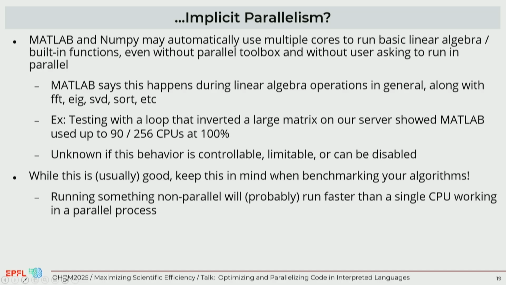Because when you parallelize, each worker reserves one CPU now instead of all the CPUs on your machine. So if you run one thing non-parallel, it'll probably run a lot slower in parallel on one CPU. And I've got a benchmarking example of that on the next slide.